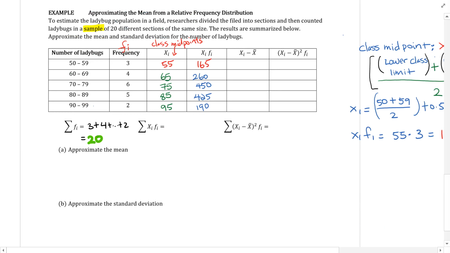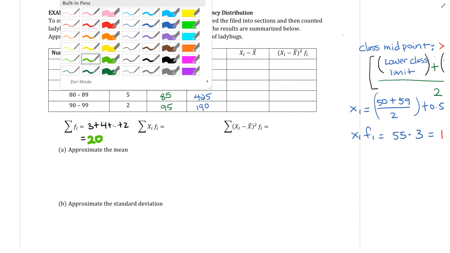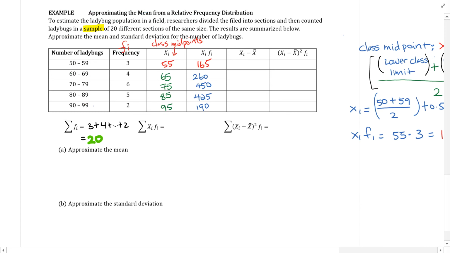All right, I can do the same thing for the xi fi column. For the column total, I have 165 plus 260 plus 450 plus 425 plus 190, and that's the summation of xi fi. Let me add it.